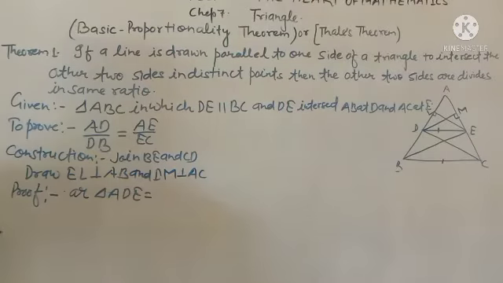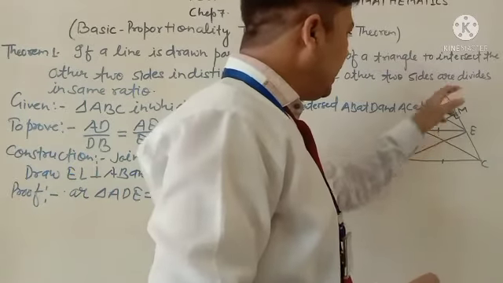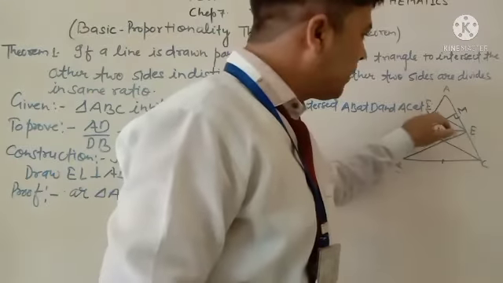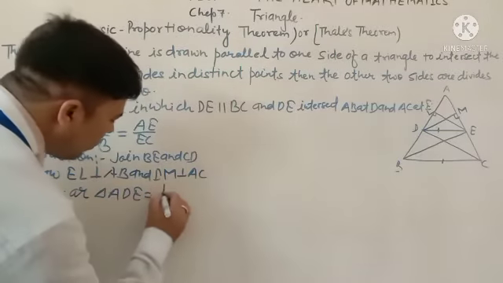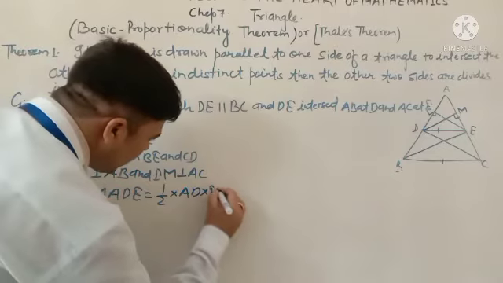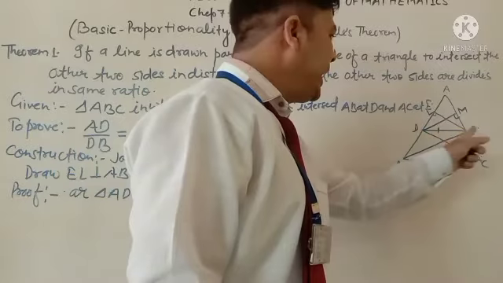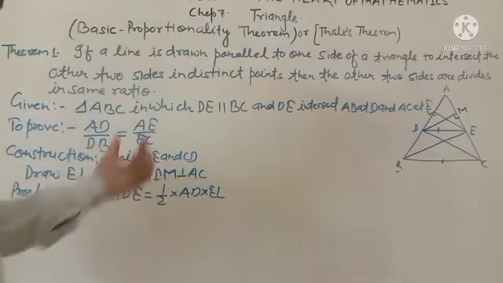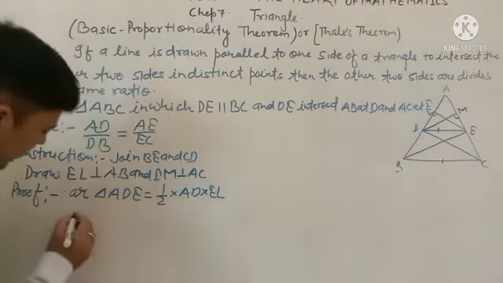Here base is AD and corresponding altitude is EL. So it is half AD into EL. This is the area of triangle ADE.